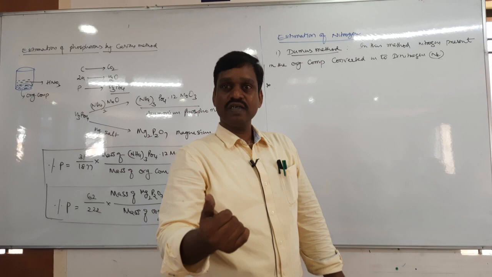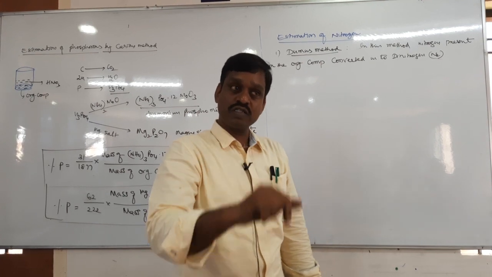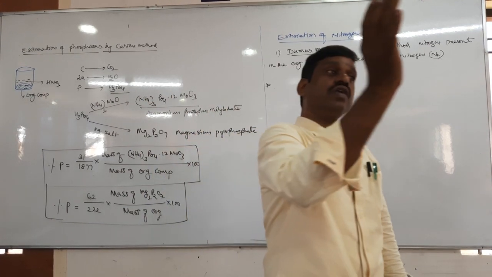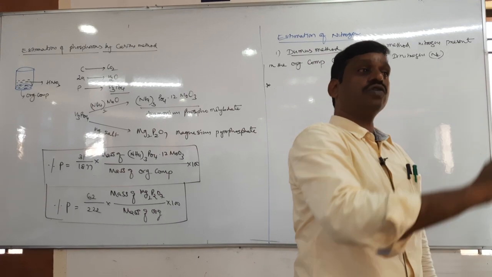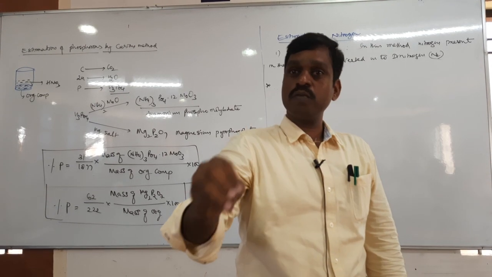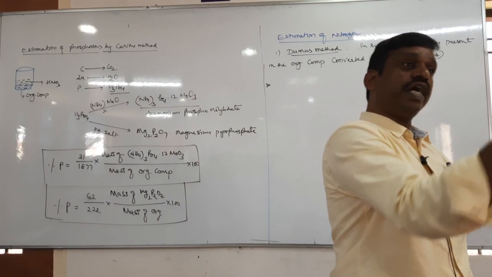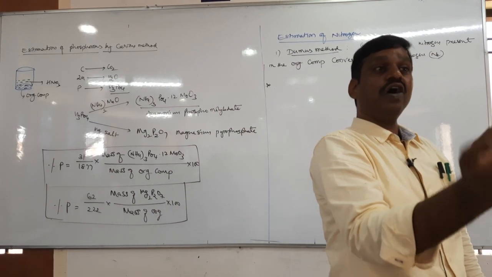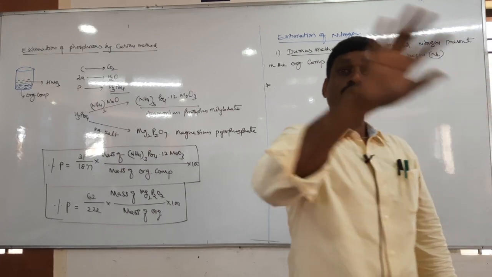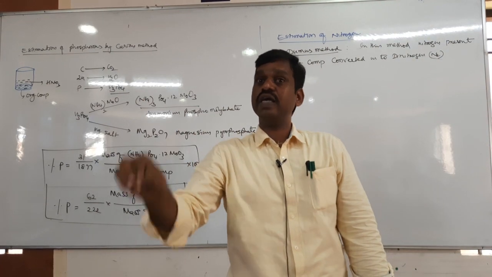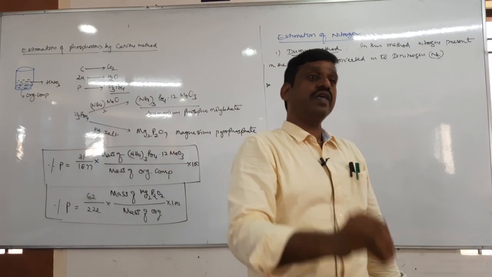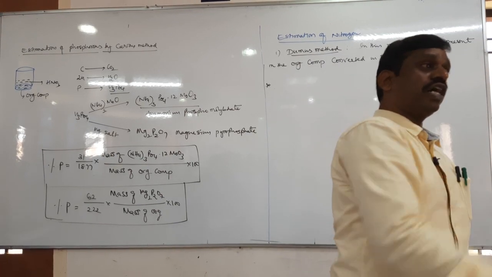Apart from that, copper oxide can also oxidize nitrogen to nitrogen oxides and nitrogen also. The nitrogen present in the organic compound gets converted into N2 gas as well as oxides of nitrogen. Those oxides of nitrogen are further treated with copper metal, which converts them finally into nitrogen gas.